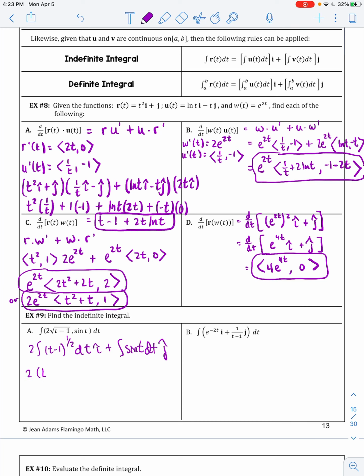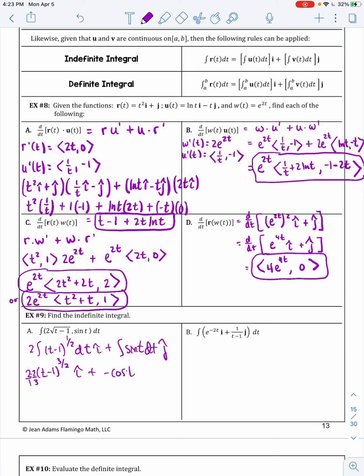And so this is going to be 2 times t minus 1 to the 3/2, and then division by 3/2 is multiplication by 2/3, i plus, what can I take the derivative of that will give me sine?